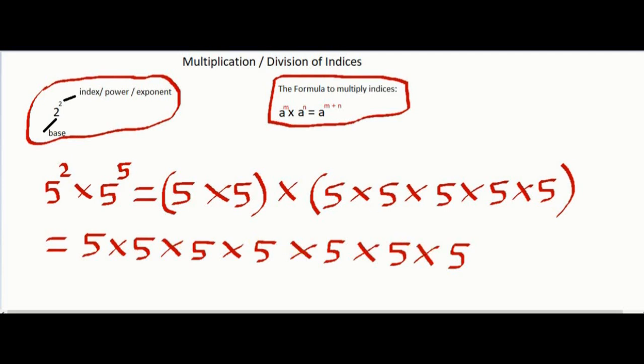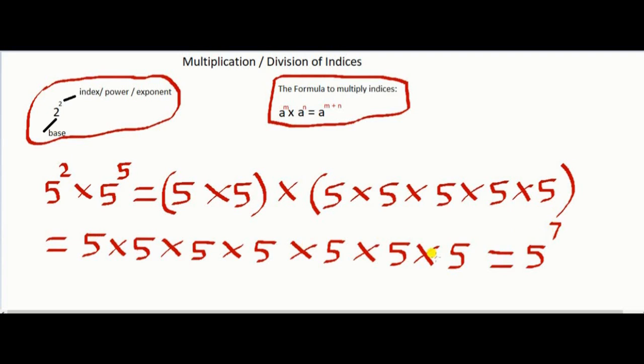So what we're going to do is keep the base, which is 5, and then write 5 to the 7th power. The number of 5s that we have here should be our power, or our exponent. And this is the long way of solving this problem.